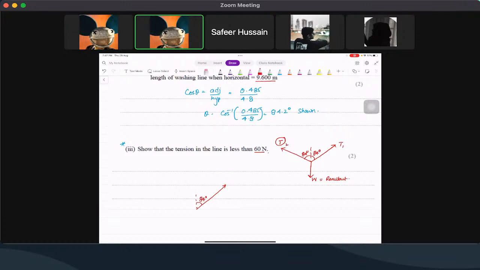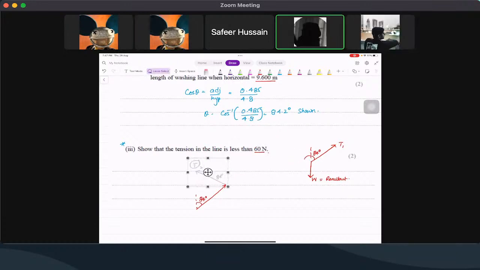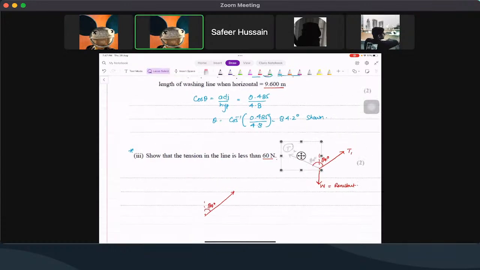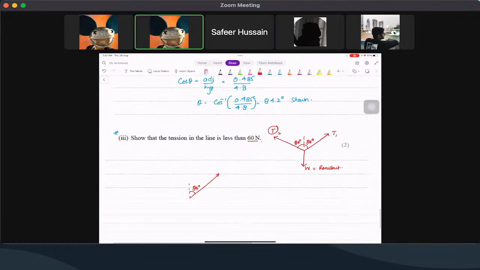So I'm picking this whole vector and placing it on top of the previous vector. Do you understand? Yes, sir. So I draw it in exactly the same direction, but from the head of this. This is T, this is also T, and this angle is also 84, so I need to remember this.